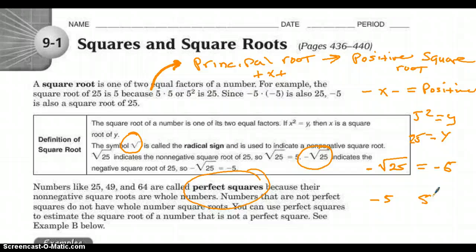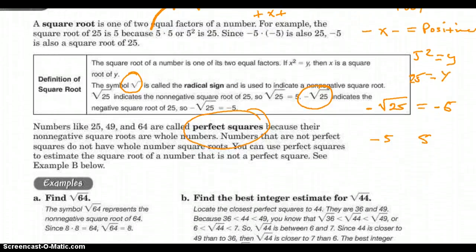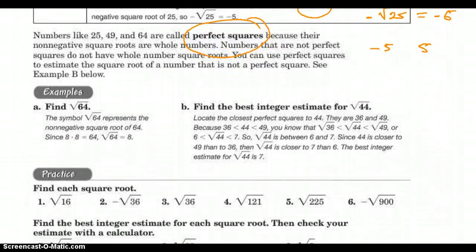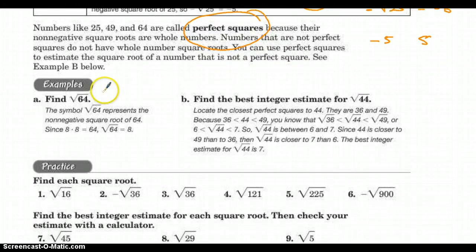I am going to put something up that's talking about these particular non-perfect squares and how we estimate them. For example, as you can see here, we are looking for the square root of 64, and it's the principal square root.